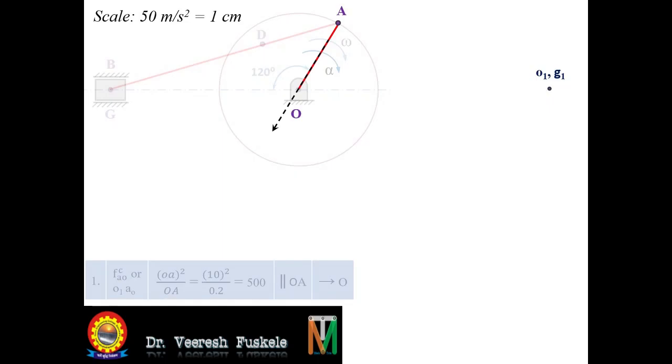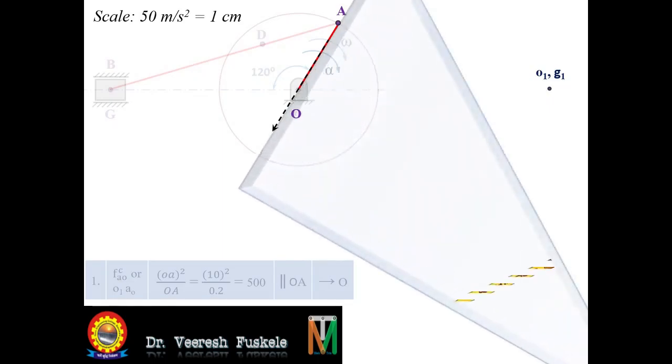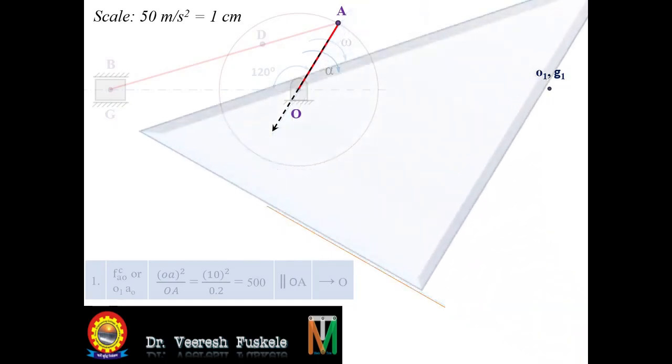As we have to draw a parallel vector, if you are using a roller scale, you can directly roll the roller scale from this vector to O1 and draw the parallel line. If you are using the set square, then you have to draw the parallel line in 2 steps, as shown here. First you draw a perpendicular line, and then to this perpendicular line you draw one more perpendicular line. You place the set square such that one side is on the previously drawn line and another side should pass through point O1.